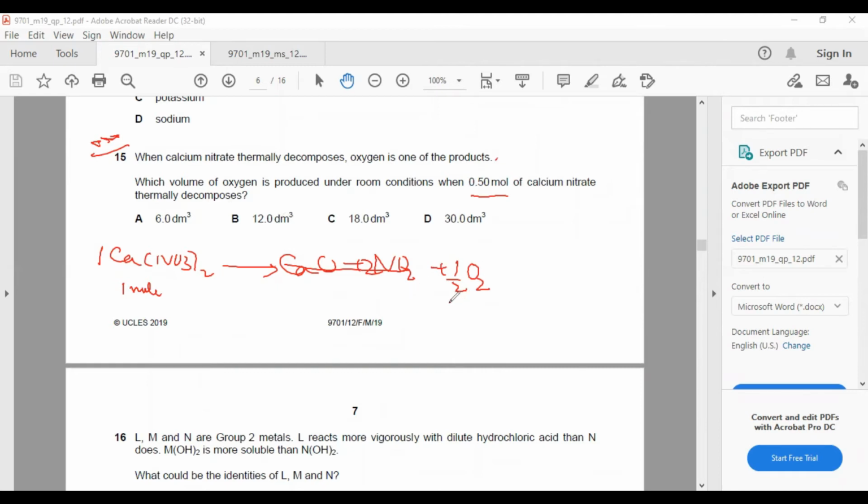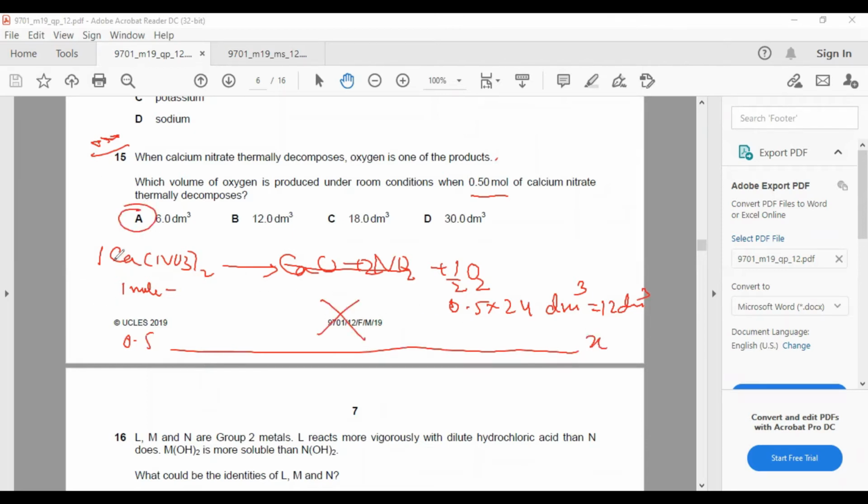Half mole times 24 dm cube is 12. So from 1 mole it is 12 dm cube. For 0.5 mole, how much? No rocket science, 6 dm cube. From 1 mole calcium nitrate we get half mole of oxygen, so from 0.5 mole it will give 0.25 mole oxygen.